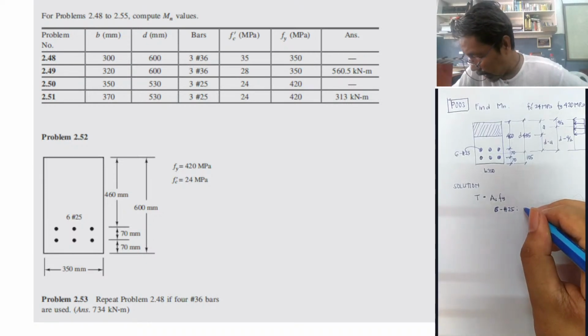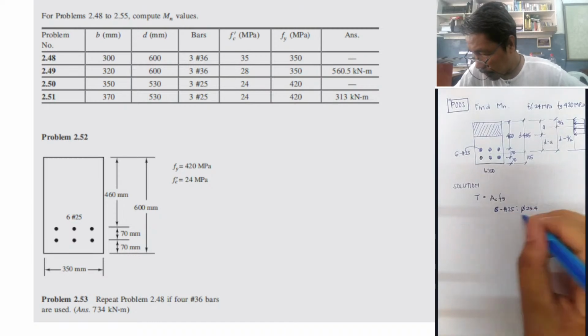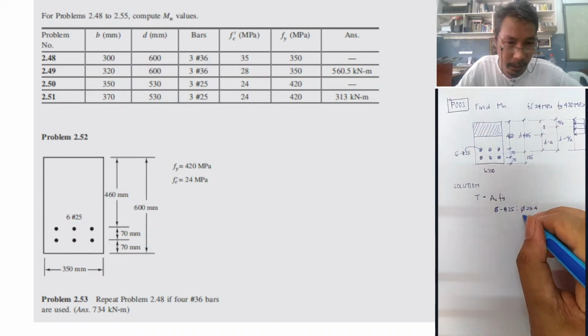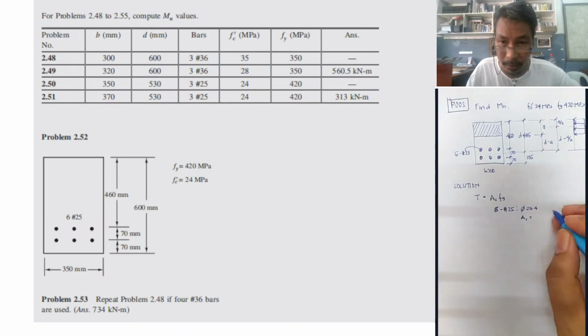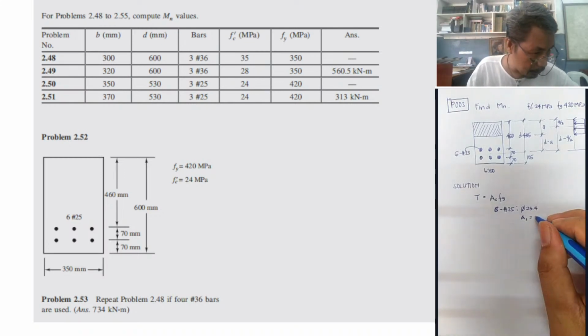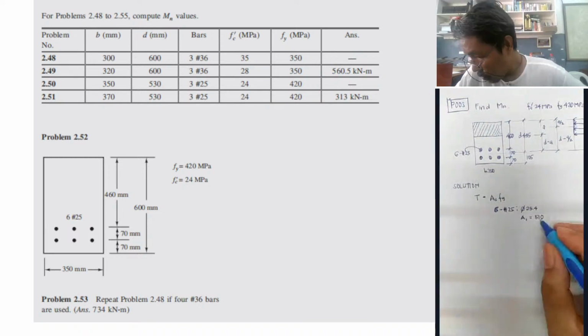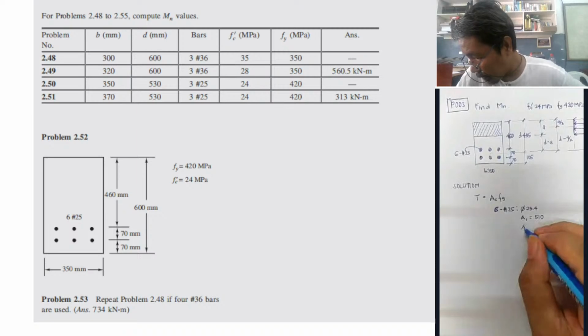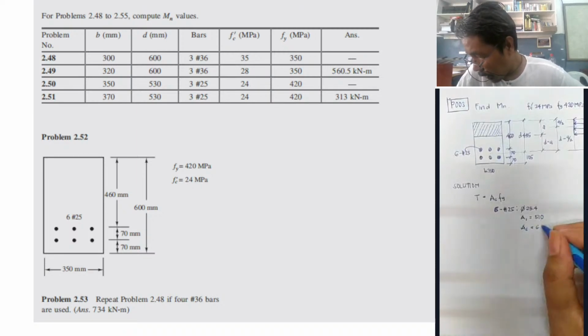And what is the area of one piece? Again, the area is 510, similar to the previous example. But now the total area of steel is times 6. So 6 times 510.